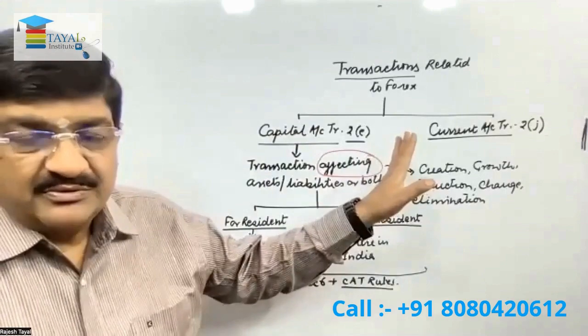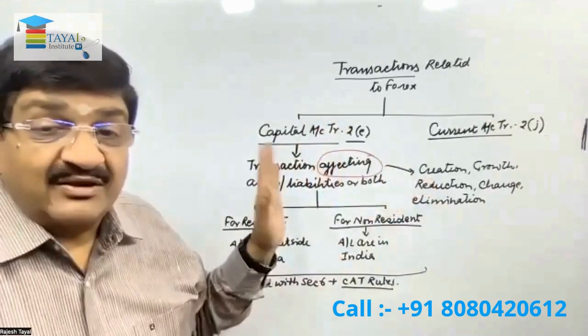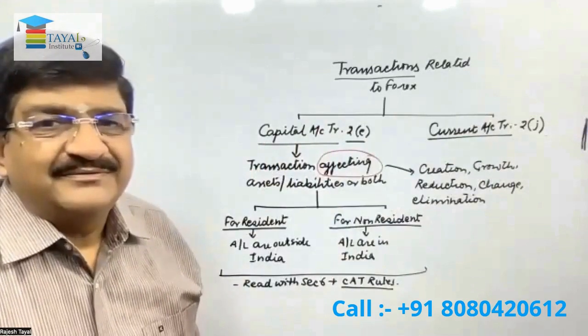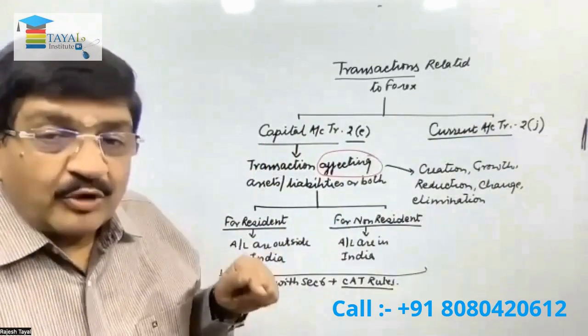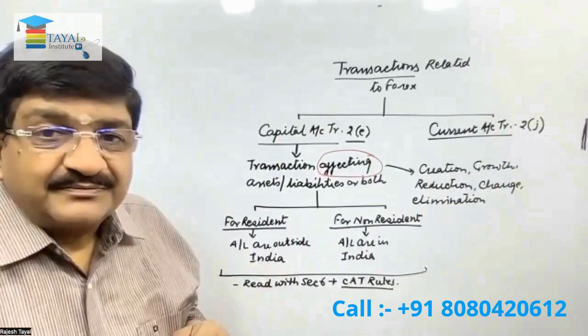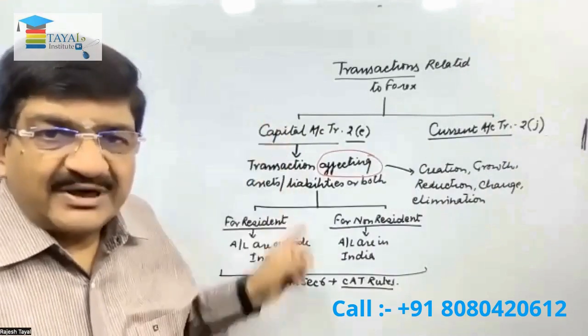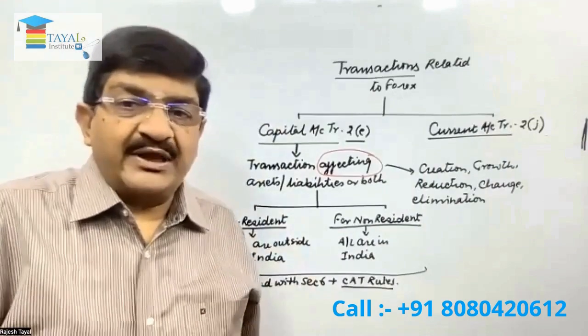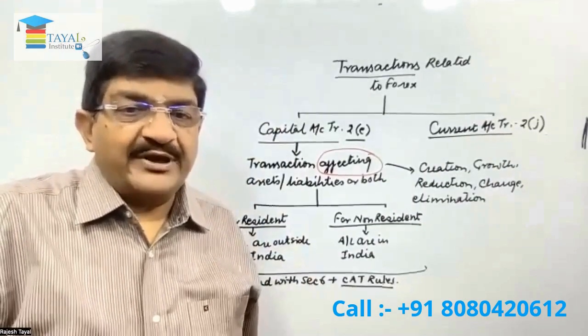What is a current account transaction? The prima facie definition is that all transactions other than capital account transactions are current account transactions. So what is the more specific definition of capital account transaction? I'm taking you again to the definition. Read it carefully.